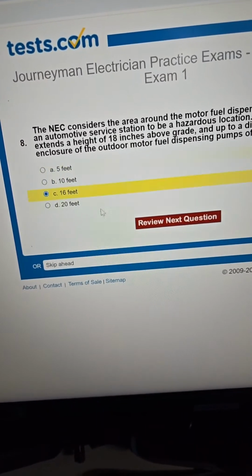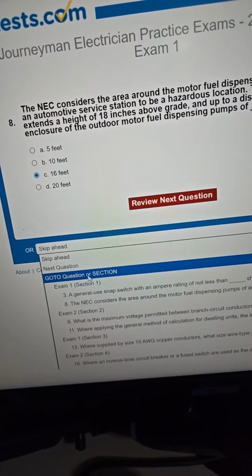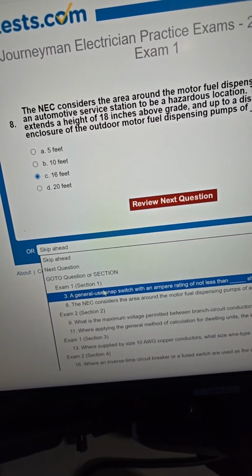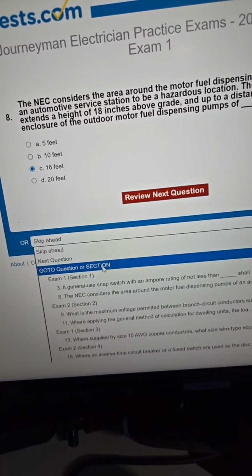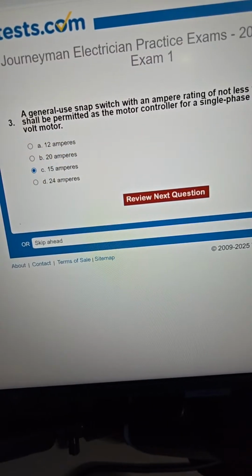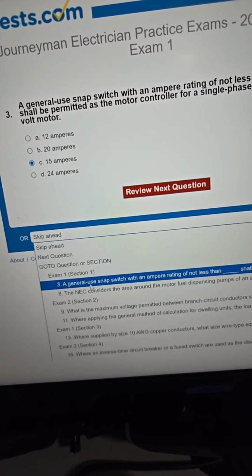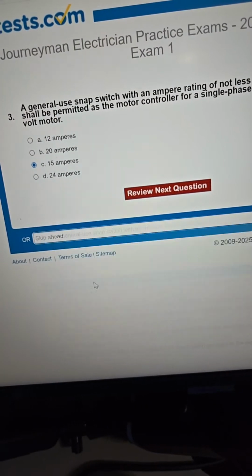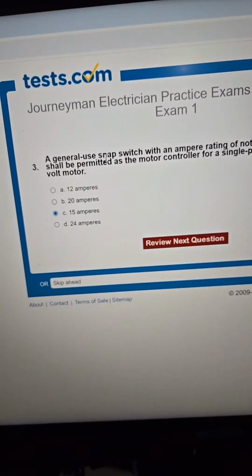Wait, we have to go back. How do we go back? Go back. There is no go back. Oh well. Okay, so, general use snap switch.